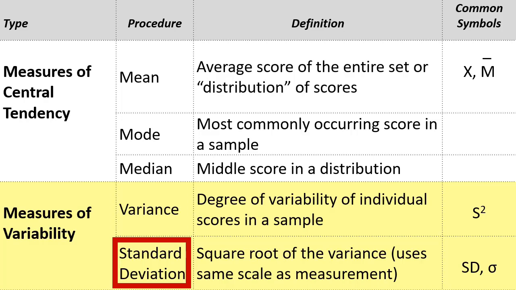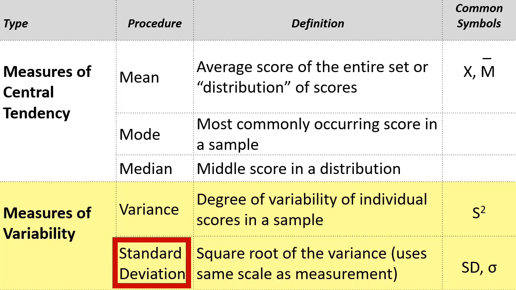Now, the best way to think about standard deviation, even though this isn't 100% accurate, is that standard deviation is sort of the average variation away from the mean, from the average.